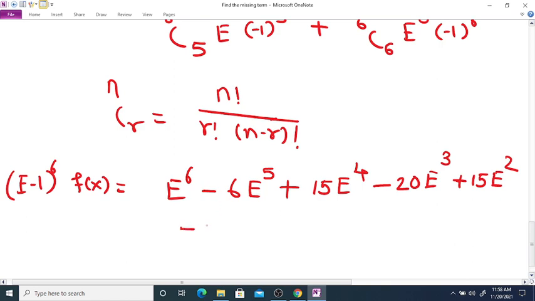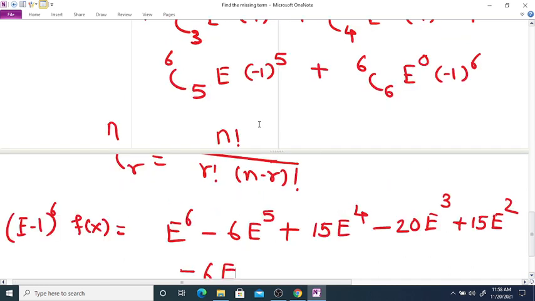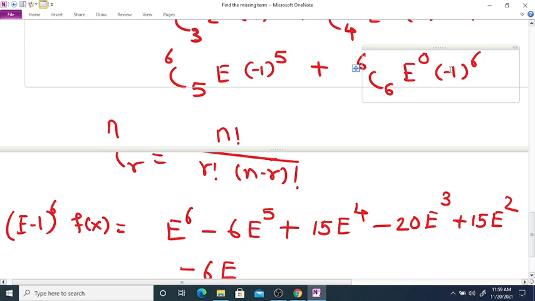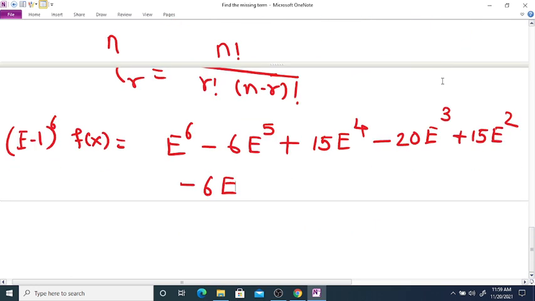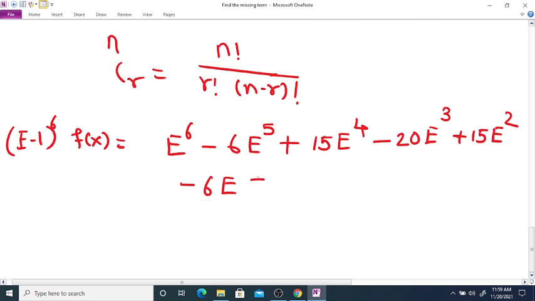Next minus 6 e, because 6C5 is 6. And last, nCn is 1, and e^0 is 1, (−1)^6 is 1, so plus 1.